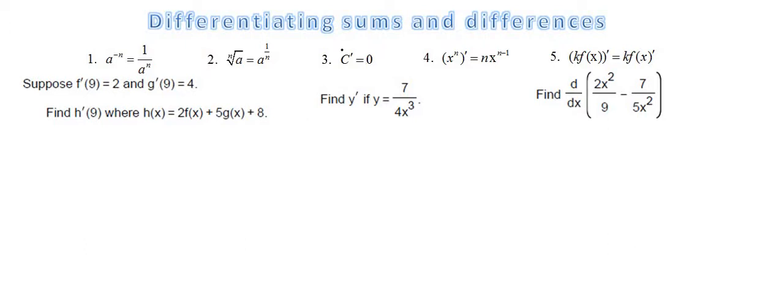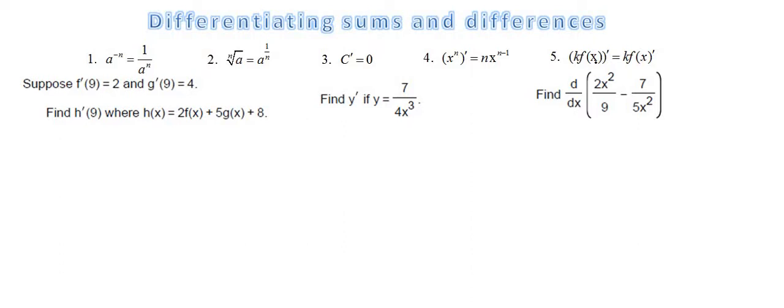The third one is the constant rule. The derivative of a constant equals 0. The fourth one is the power rule: the derivative of x to the power n equals n times x to the power n minus 1.